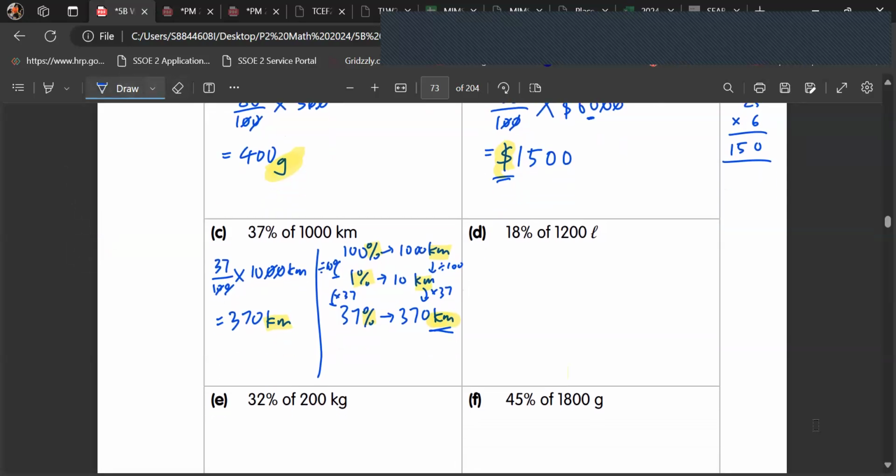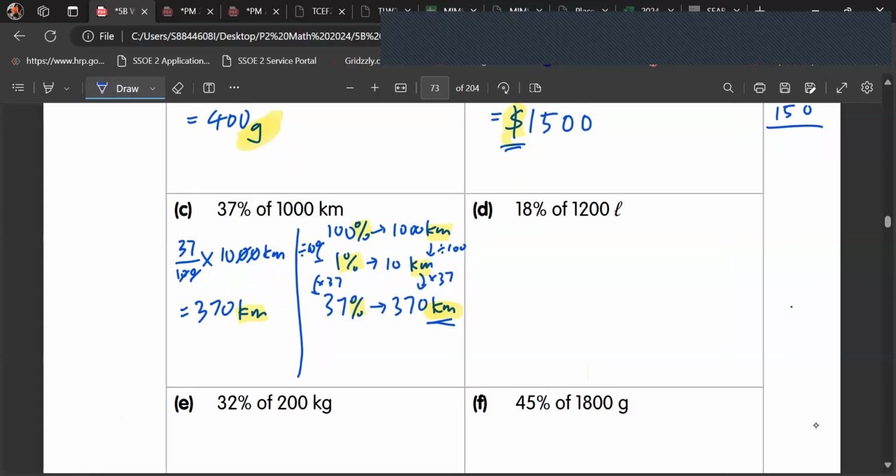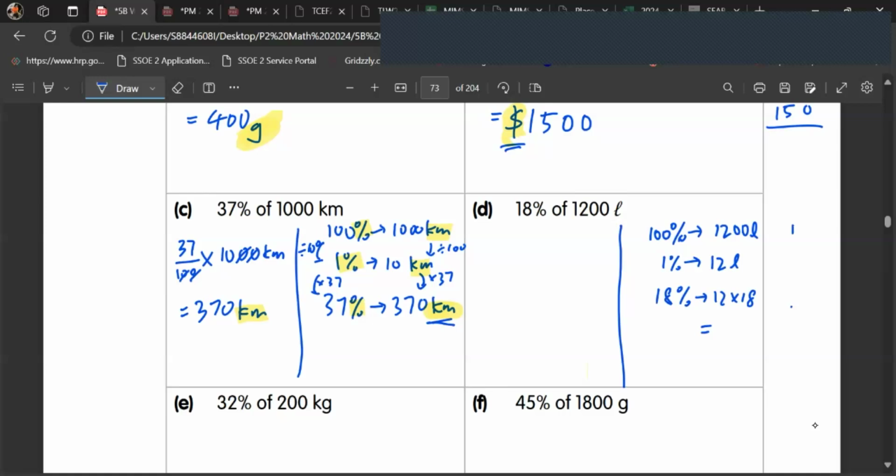So likewise, I can solve it by the two methods. 100% is 1,200 liters, so 1% is 12 liters. So 18% will be 12 times 18, which is 216 liters.